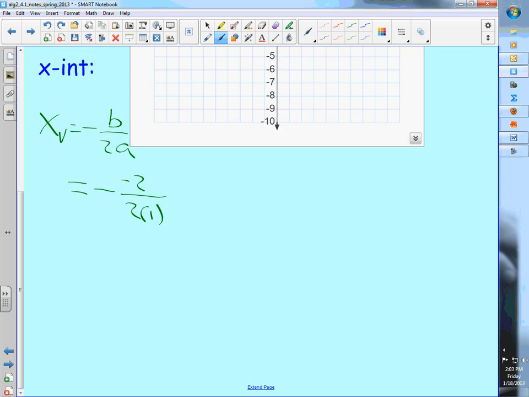Wait, where do you get that negative? Do you have notes? Look in your notes. It's right there. This is the formula. We're just plugging into the formula. The opposite of negative 2 divided by 2 is going to give you 1. So the x coordinate of our vertex is going to be 1.